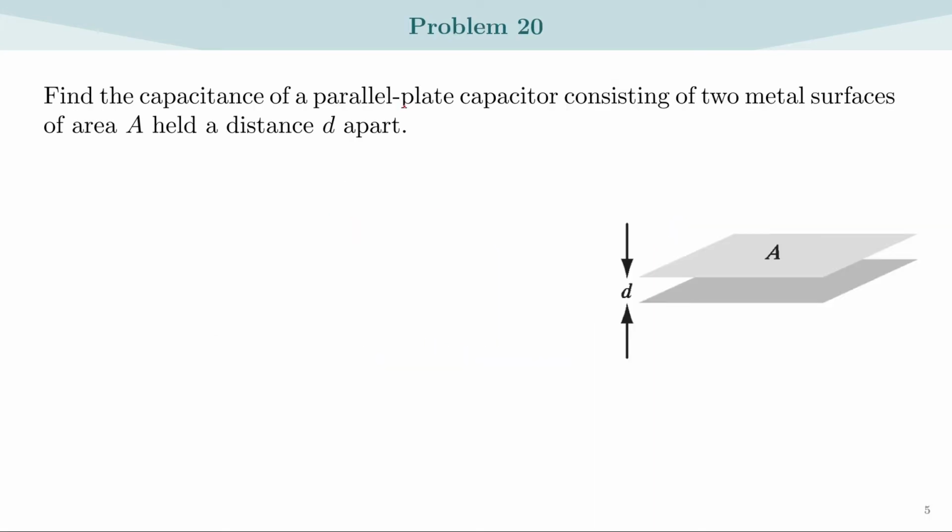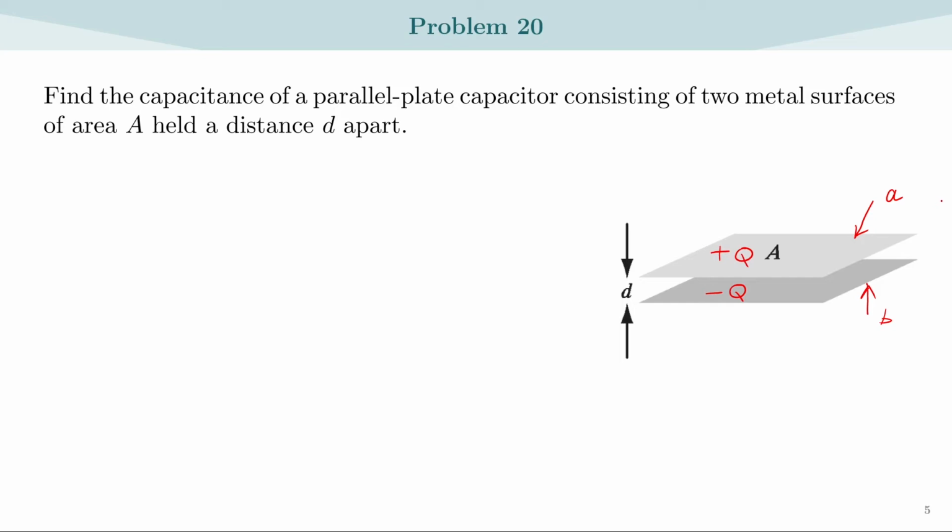Find the capacitance of a parallel plate capacitor consisting of two metal surfaces of area A held a distance small d apart. So let us call this plate A and this plate B. If we put charges plus Q on plate A and minus Q on plate B, they will spread out uniformly over the two surfaces.